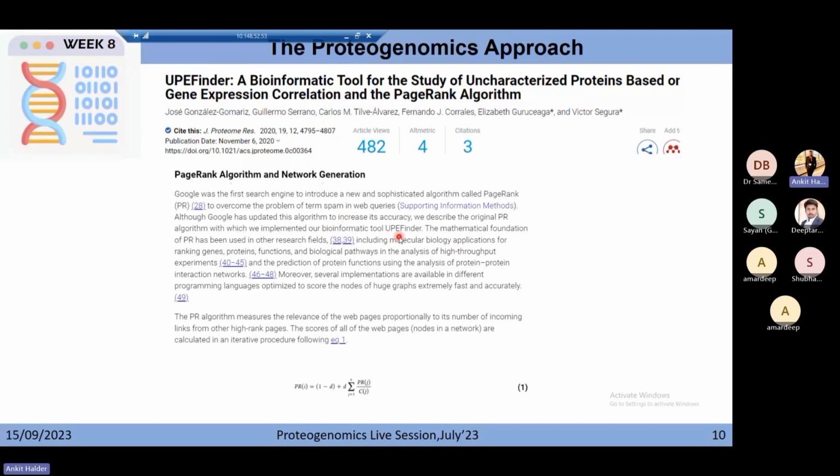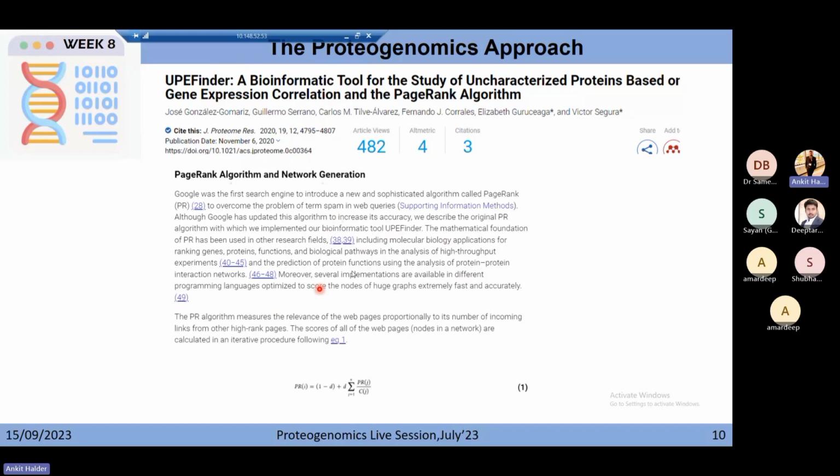This has been used in other research fields, including molecular biology, for ranking genes, proteins, and functions. The PageRank algorithm is generally used for the prediction of protein functions using the analysis of PPINs, or protein-protein interaction networks. All this network depends upon the ranks of the proteins that are functioning accordingly.